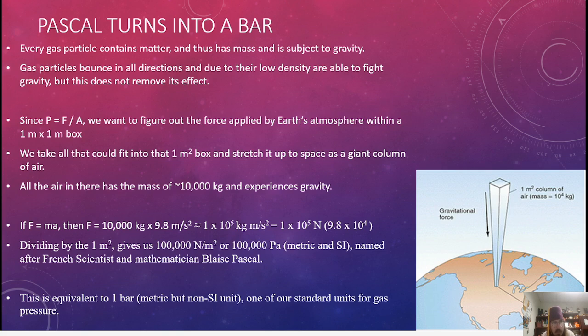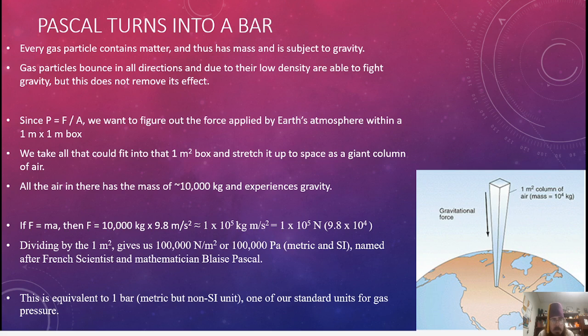But that does not mean they do not experience gravity. They still are being pulled downwards, and they have weight. In the downward direction, they're moving faster by 9.8 meters per second squared, and if they're moving upwards, they're moving slower by 9.8 meters per second squared. They're being pulled up or pulled down.